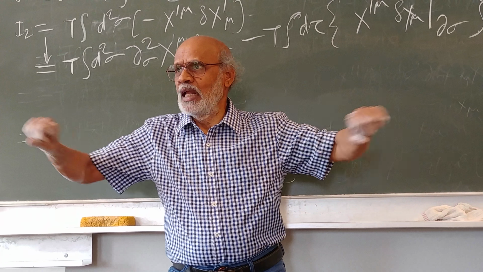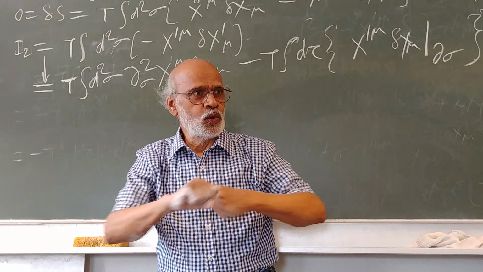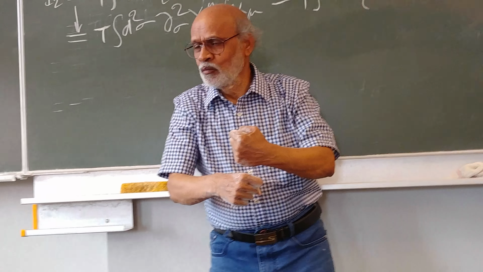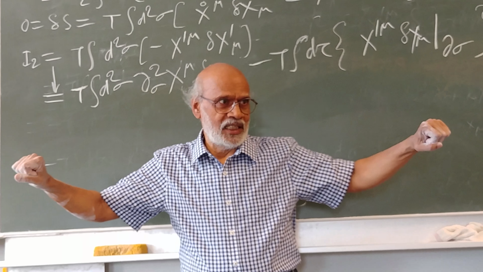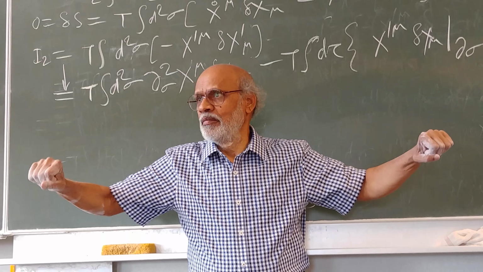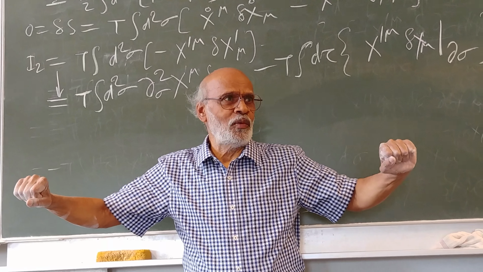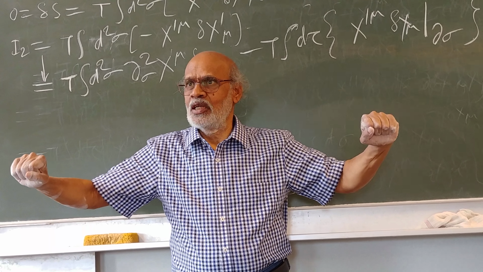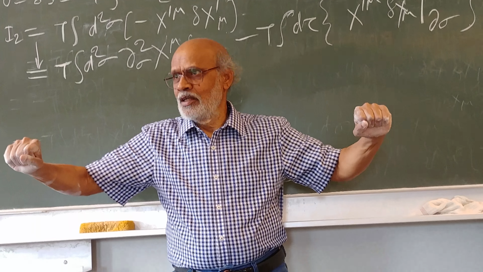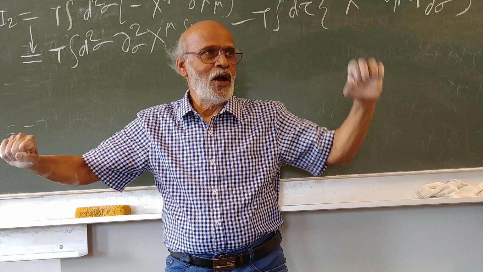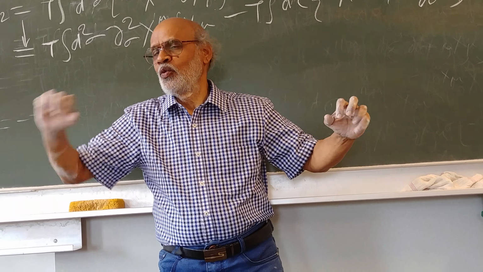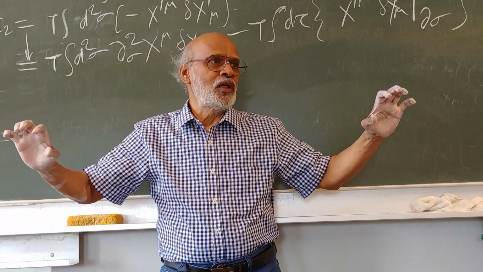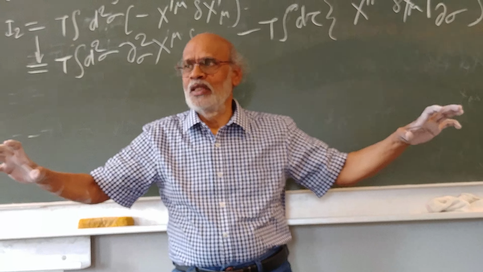Because an open string will have two ends, a closed string would have no free end, but an open string will have two free ends. And I can have Neumann boundary conditions, or Dirichlet boundary conditions, or Dirichlet-Neumann. So I can have different boundary conditions at the two ends of the open string.